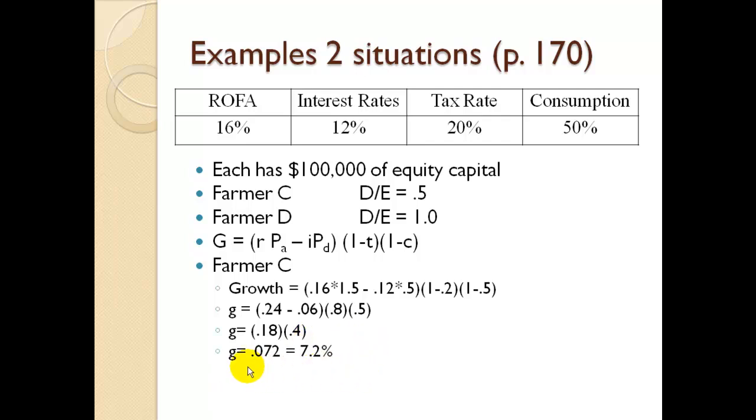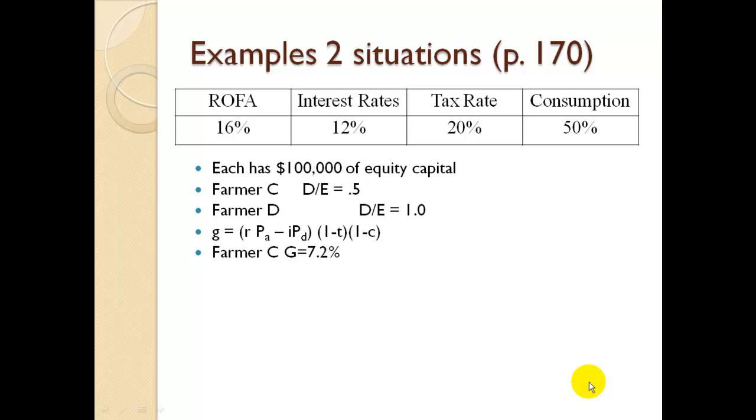And we multiply that out. Our growth rate is 0.072, or 7.2%. So with $1,000 of equity capital, the retained earnings are going to be $72, or $1,000 times 0.072. That was for farmer C with a 0.5 debt to equity ratio.